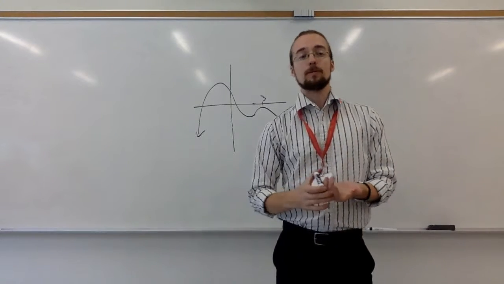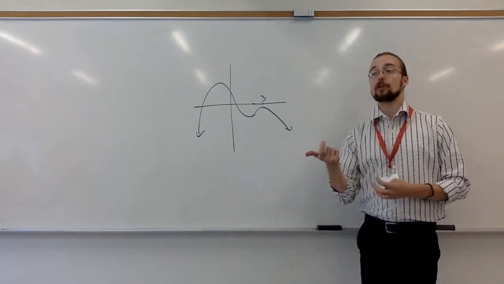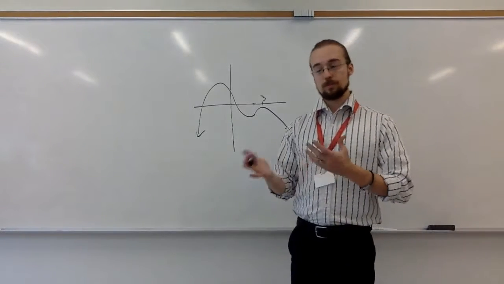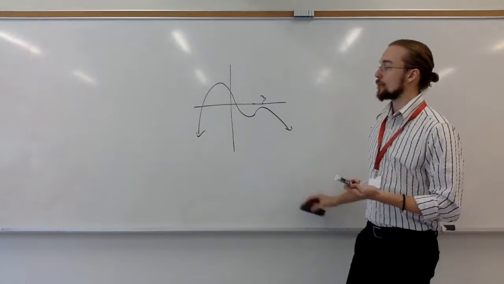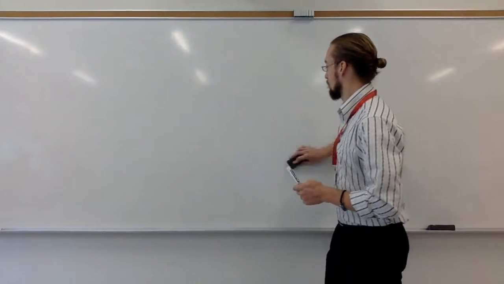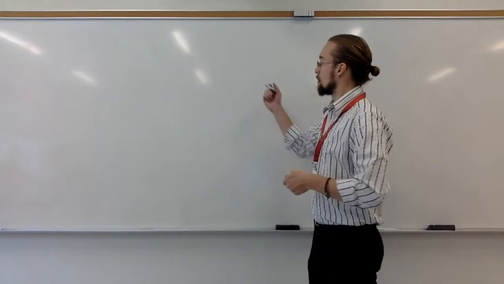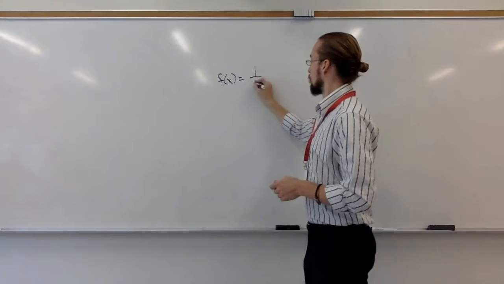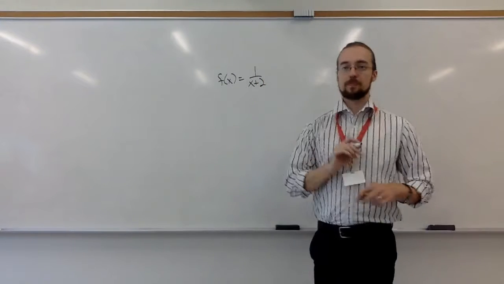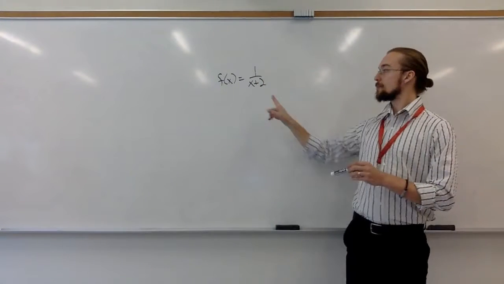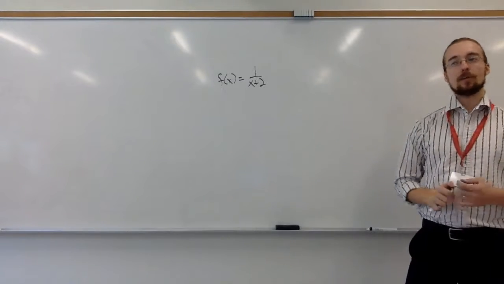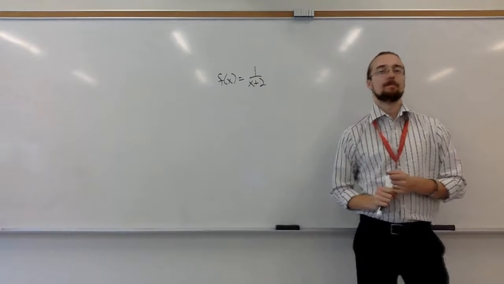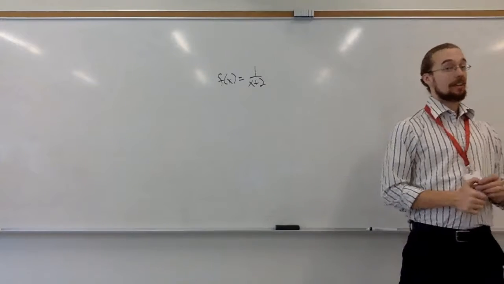There are also problems on the homework that just give you an equation. Some of those you should be able to do by hand. For example, what if I give you something like 1 over x plus 2? Are there any points on that graph where the function would not be differentiable? Yes. Where? -2. Just -2.